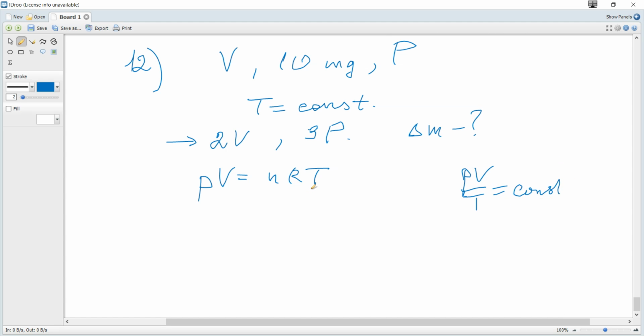In general, and actually for any problem, you should use both simultaneous equations initially and then this formula. So initially P1 V1 equals n1 R T1, and since we need mass, let's rewrite it as the number of moles, it's mass over molar mass.